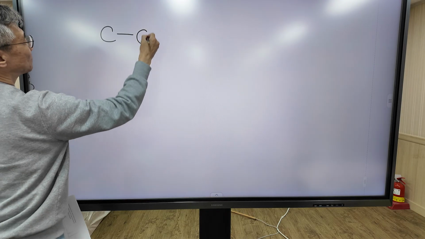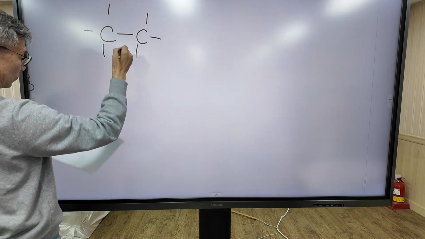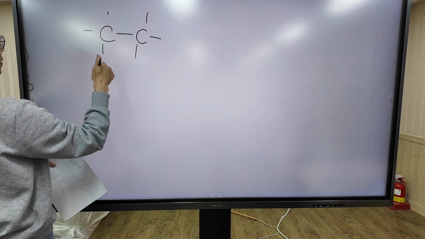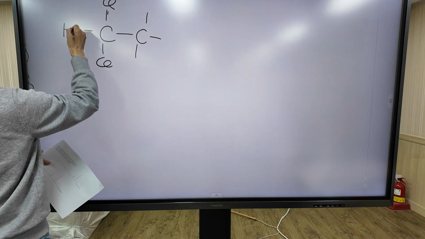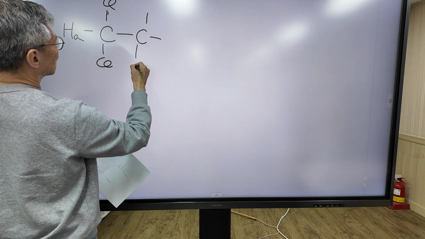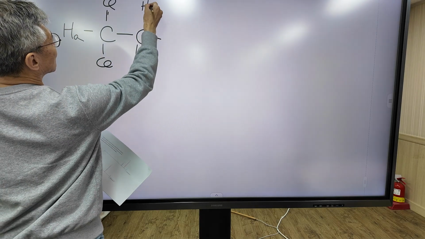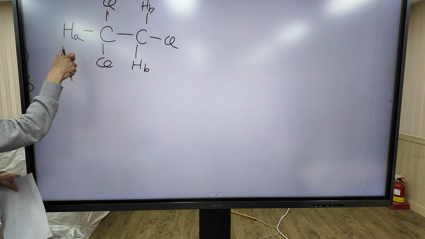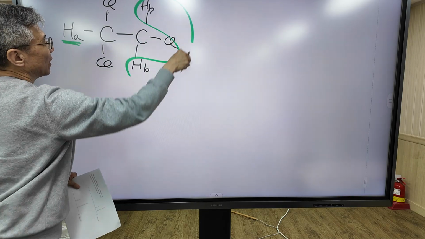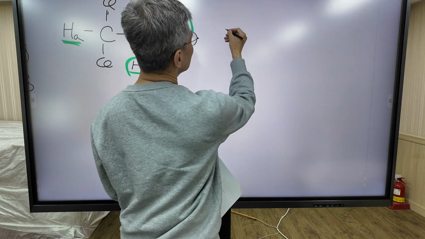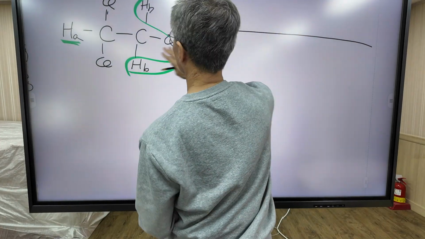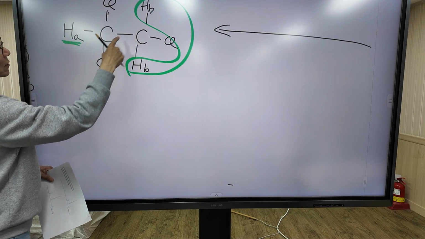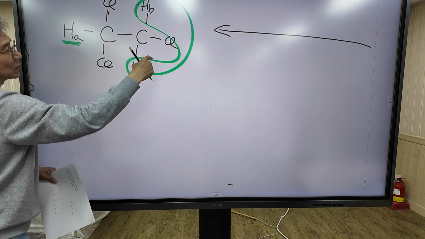Consider this molecule. There are two kinds of hydrogen, Ha proton and Hb proton. When you measure the spectrum, the Ha proton splits into a triplet because this Ha proton is coupled to two hydrogens.